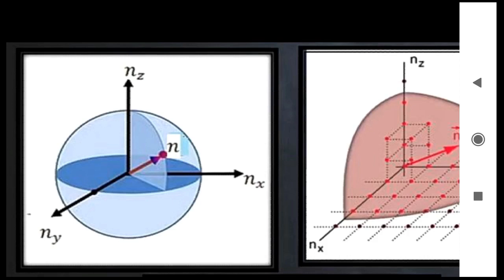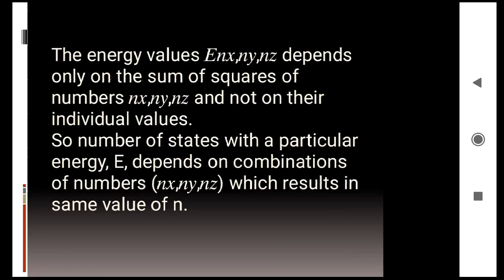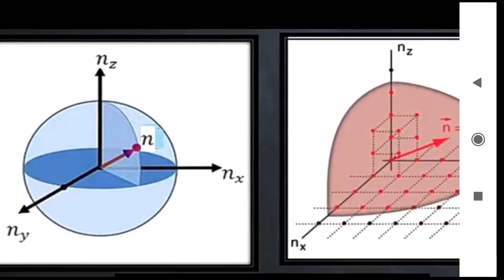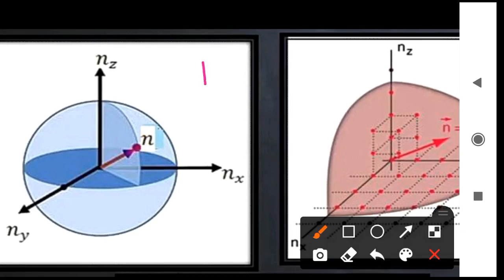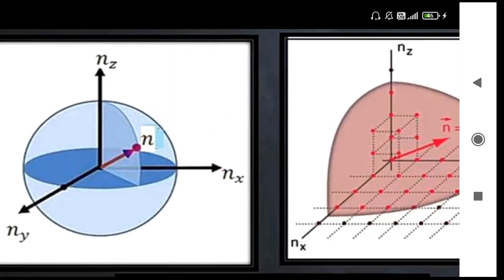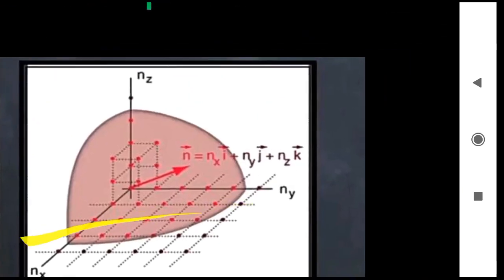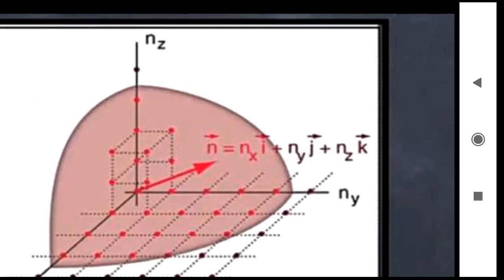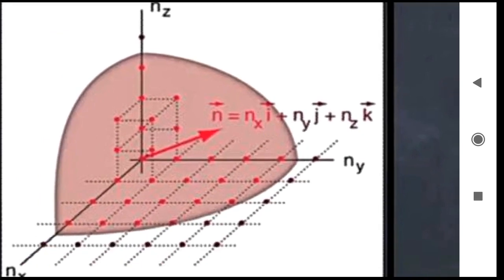When I take only the positive portion of this, then we do not have a sphere. We remain with only an octant, the 1/8 portion of this sphere. This shows only positive values. Okay.